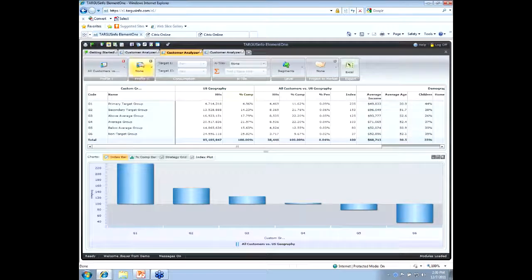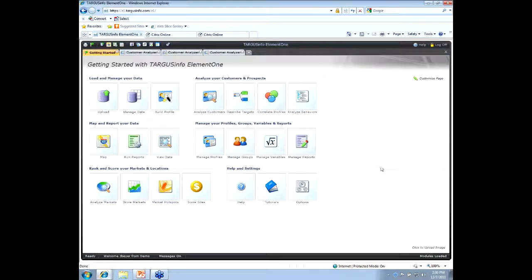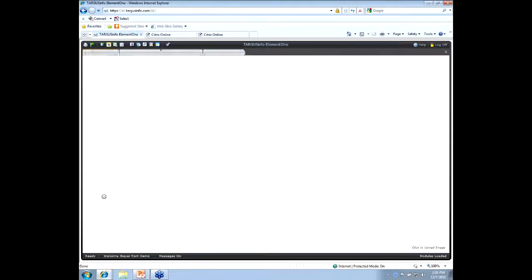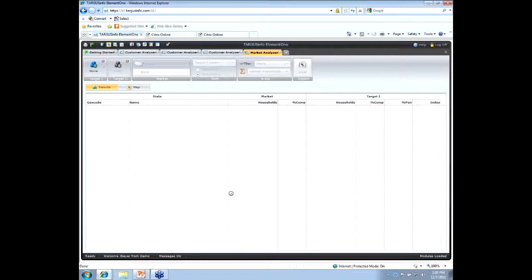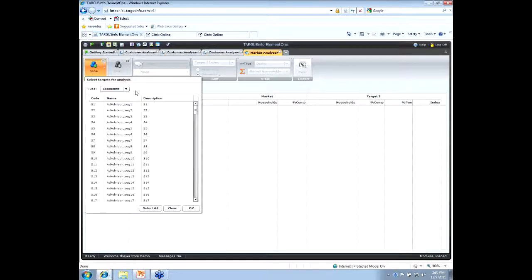And so for that, you can go in and analyze markets against these segments, or groups that have been built. So for this example, I want to just go down and grab segment 78, who we saw as the highest propensity segment for this particular product.